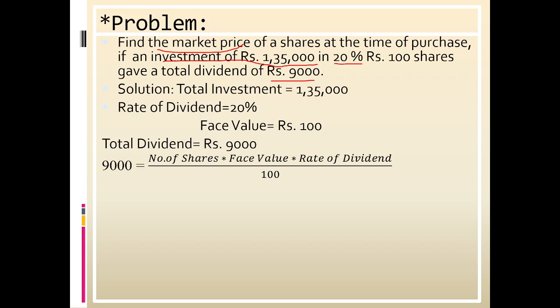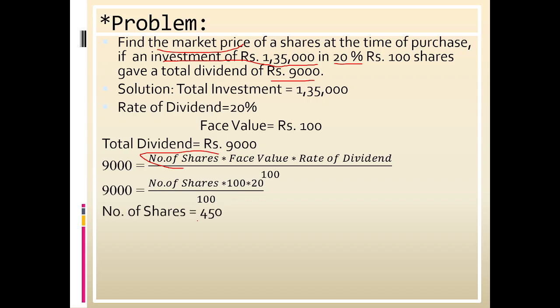Now to find the market price of one share, first we have to find the number of shares, and for that we put total dividend in this formula. Total dividend, that is 9,000, is equal to number of shares, which we have to find, times face value 100, times rate of dividend 20, divided by 100. If we place all these values here, we get the number of shares, which is equal to 450.